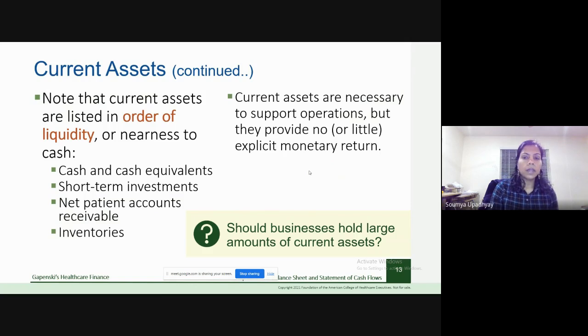The other thing I wanted to mention about current assets is inventories. Let's say your inventory is your current asset. You should maintain only as much supply as is enough to act as a safety stock against unexpected surges. Think about COVID, when there was a surge in the need for inventories.